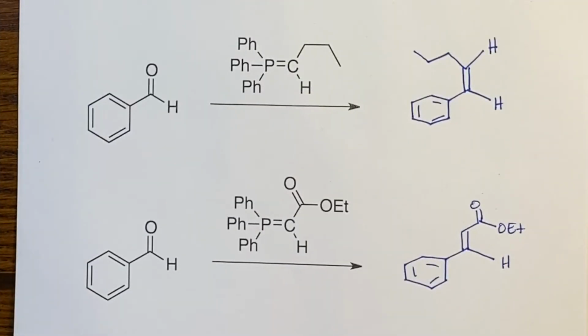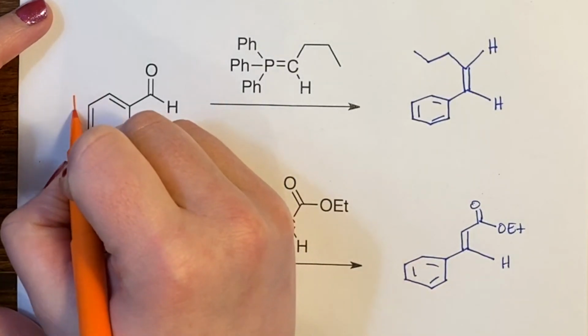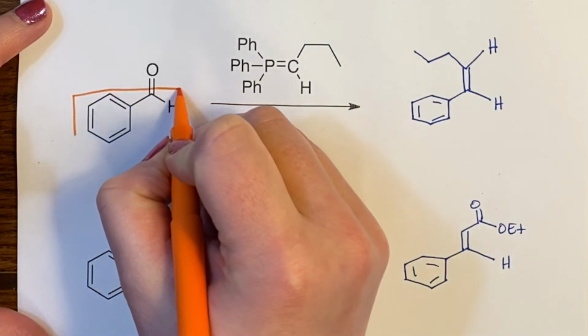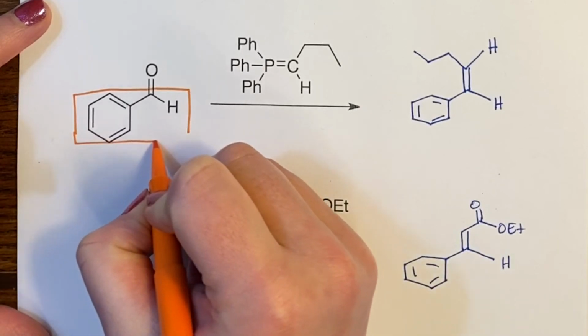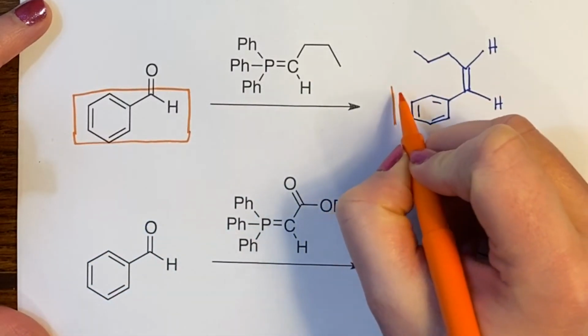So as you predict the product of these two reactions, these are the products that you should get. In the first example where we have the unstabilized ylide, we should get the Z alkene. In the second product where we have the stabilized ylide, we should get the E alkene. And when we look at the details of the formation, in the first example, this part of our double bond is going to be in one part of our product.